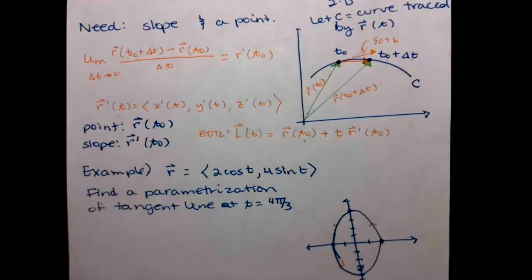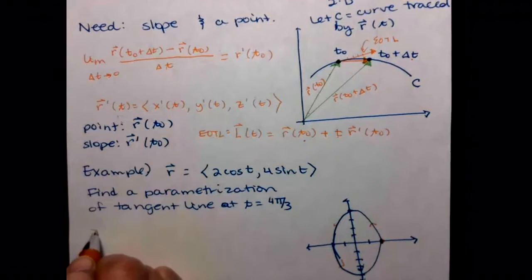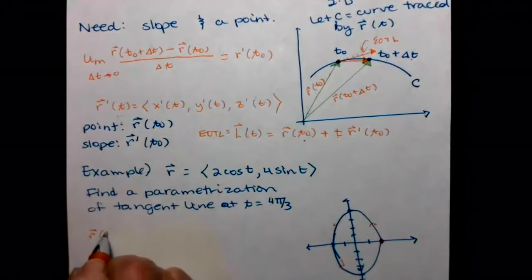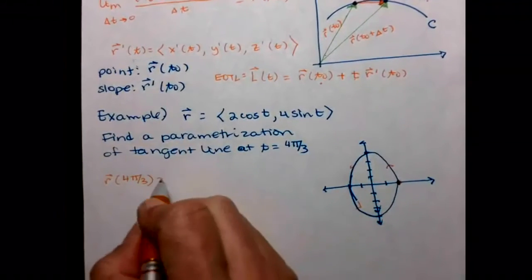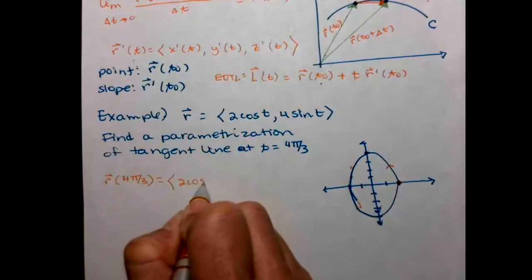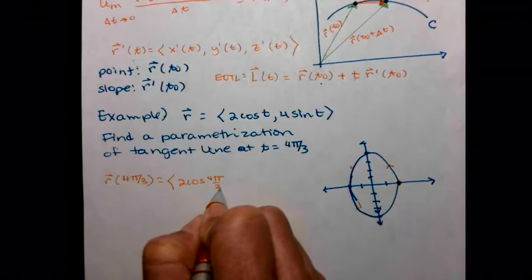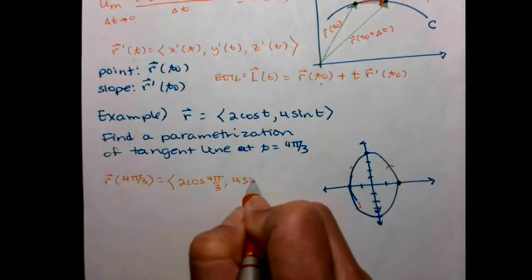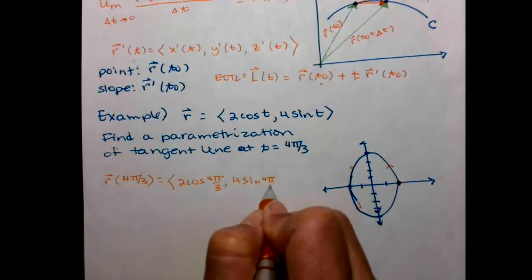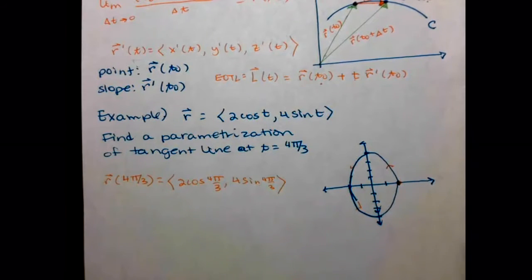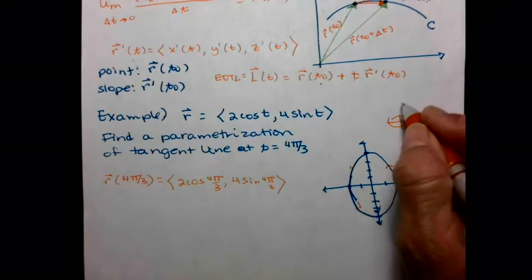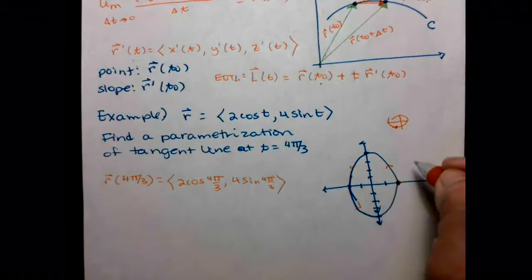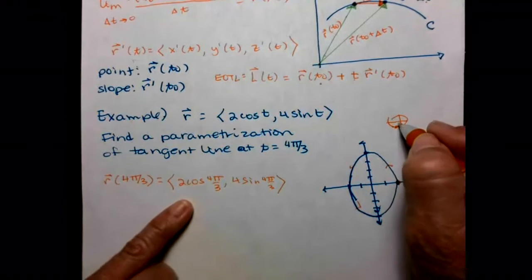All right, so I need r at 4 pi thirds. What's that going to be? Well, 2 cosine 4 pi thirds, 4 sine 4 pi thirds. You're going to grab your calculator, or draw a quick little unit circle like I do. So 4 pi thirds is over here, and it looks like they're both going to be negative.